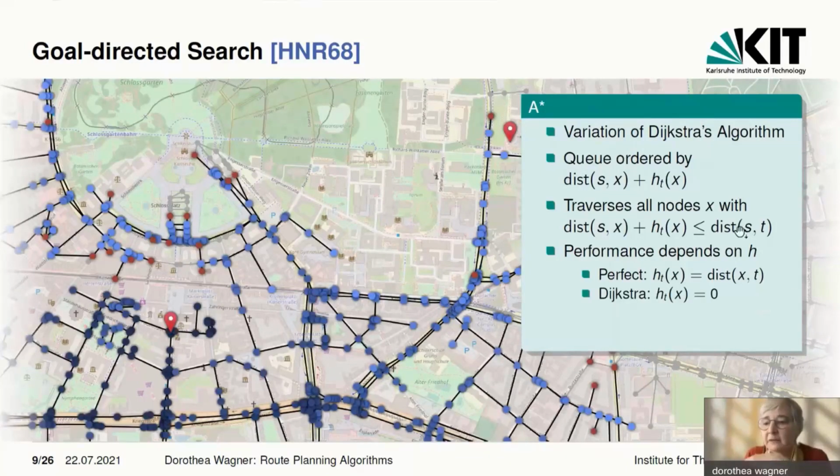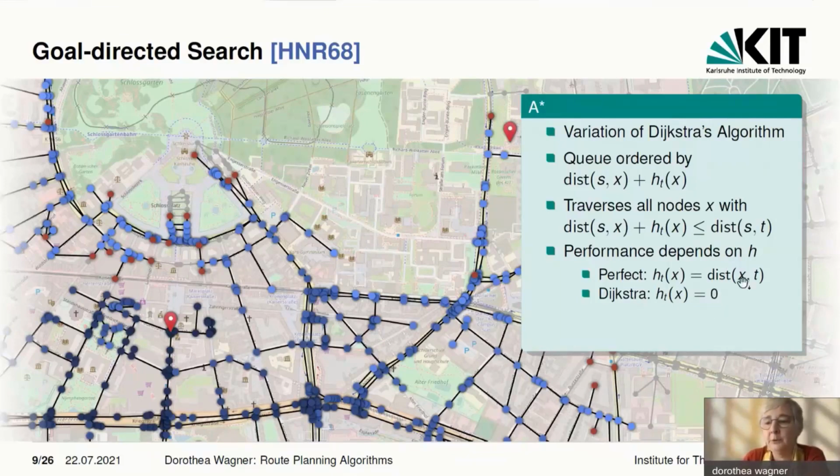Dijkstra's algorithm doesn't use this potential. So one could interpret what Dijkstra's algorithm does as it uses the potential 0, the function that gives all the nodes the value 0.